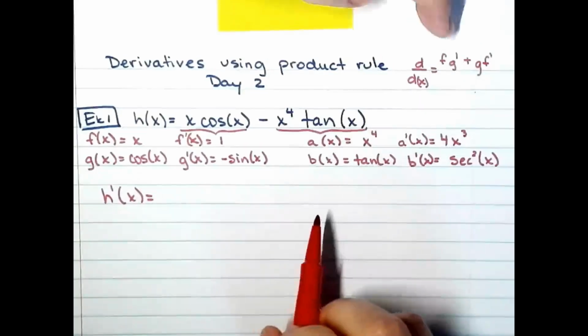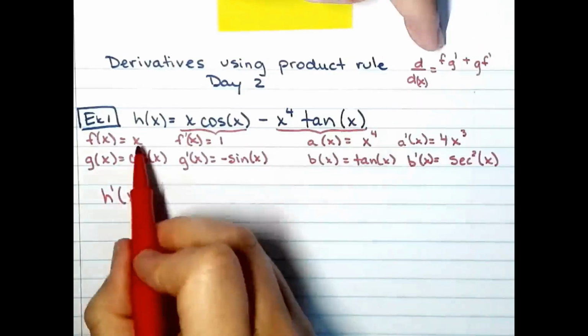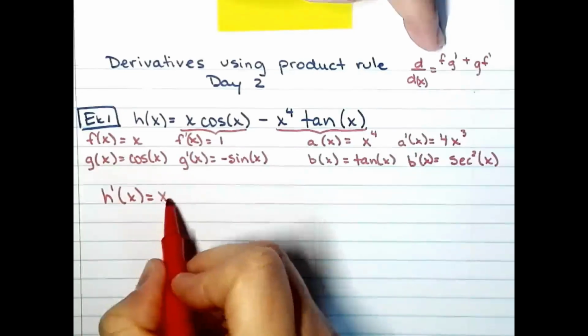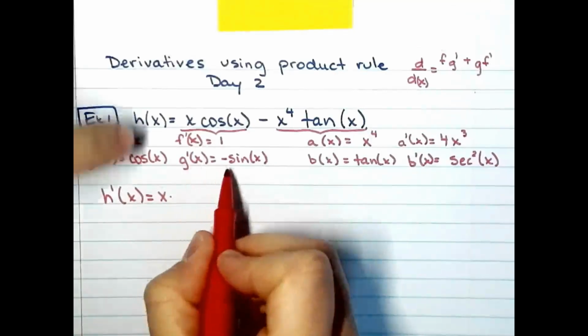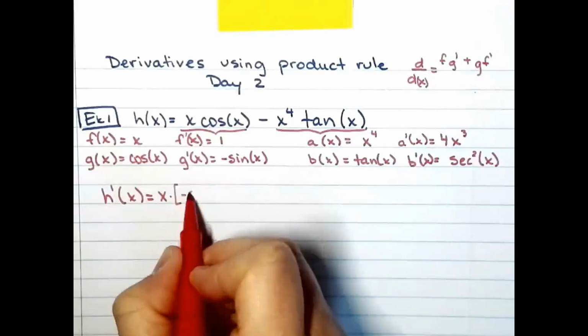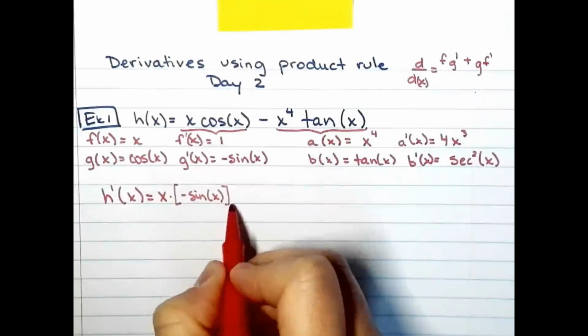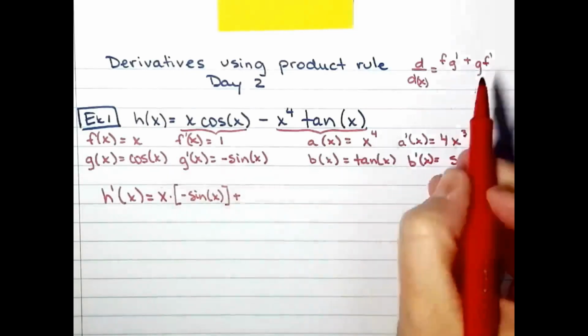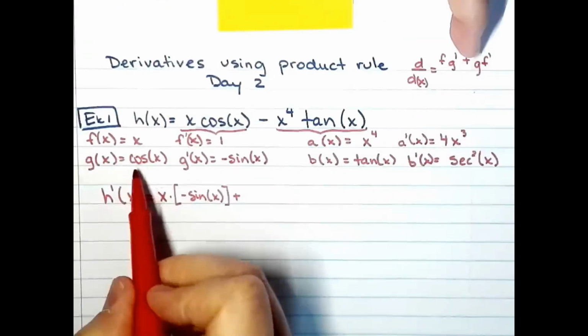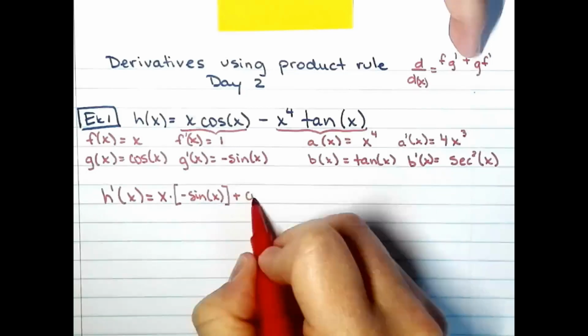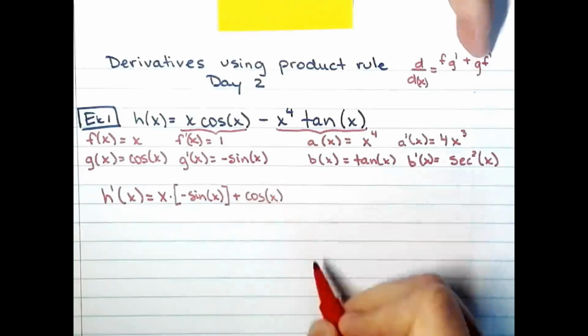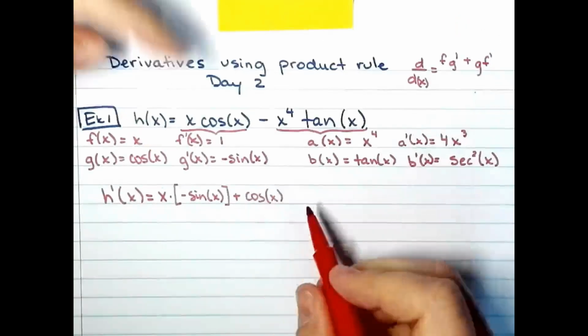Okay, so f right there is x times g prime, which is negative sine of x, and then plus g, which is cosine of x. F prime is just 1, so easy.